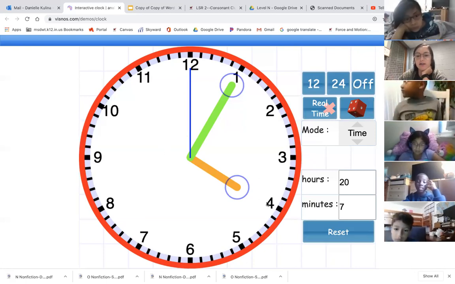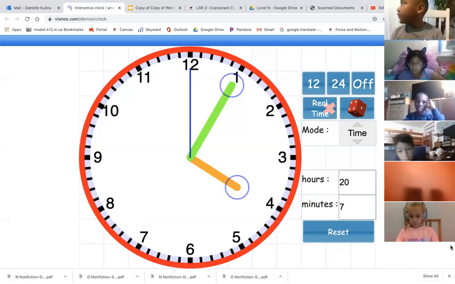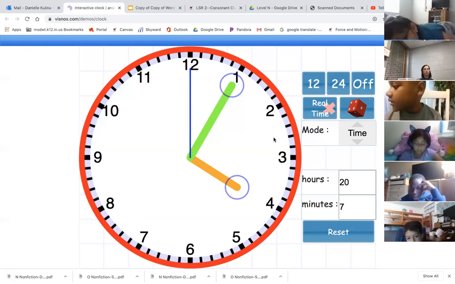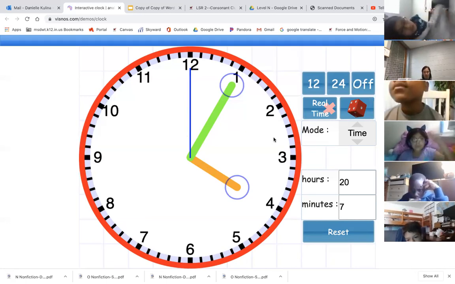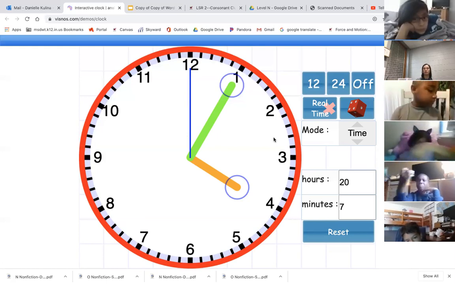This is pointing to the 4. Go ahead and fix your answer. I'm going to give you guys about 10 more seconds to send me an answer.